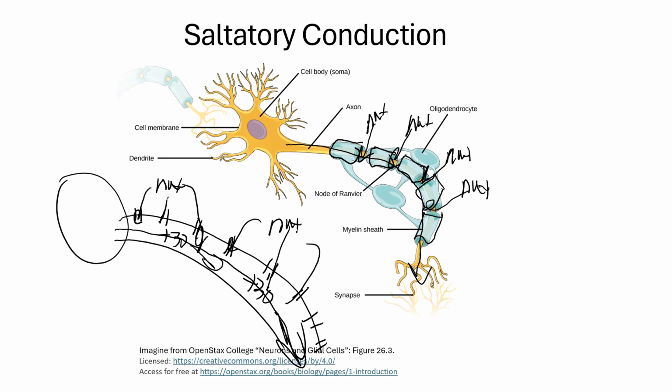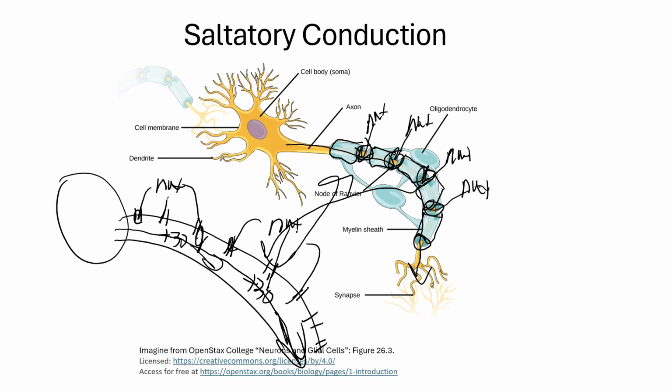Now compare that to a myelinated neuron, where the voltage only needs to recharge within the nodes of Ranvier, significantly fewer locations compared to a non-myelinated neuron's axon.